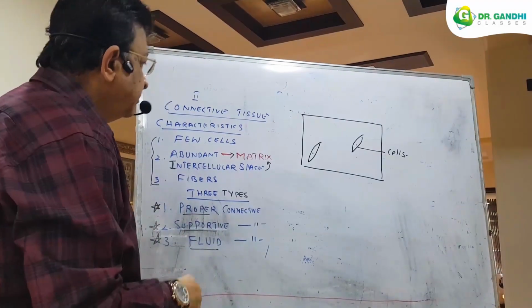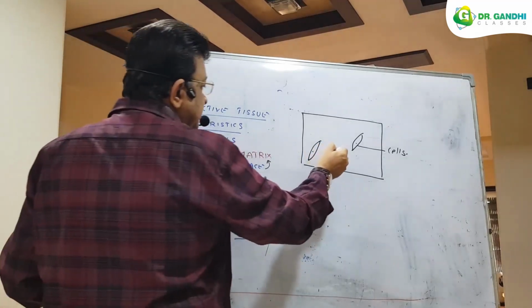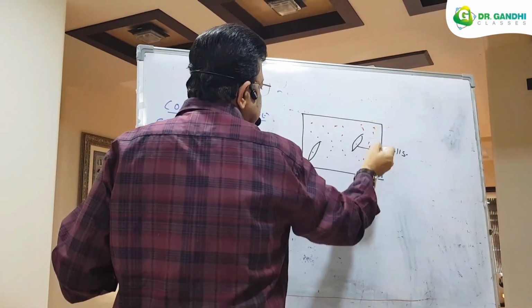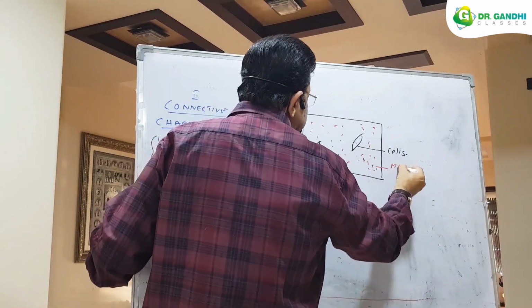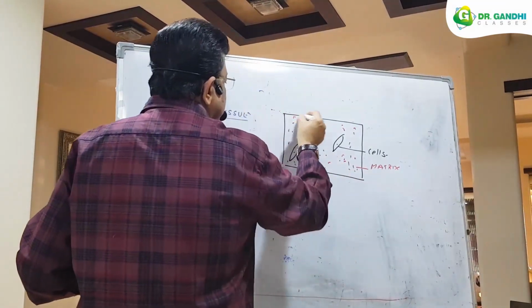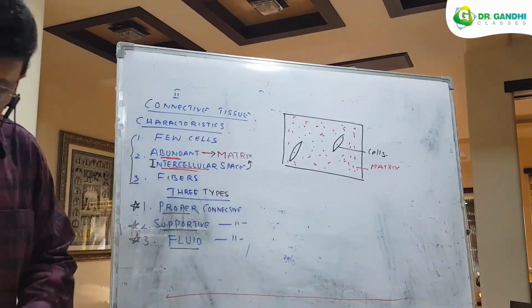What else should it have? It should have abundant, pay attention, abundant intercellular space. So this is all intercellular space. You can see compared to the cells how abundant it is. The intercellular space is known as matrix. And finally, it should have fibers.